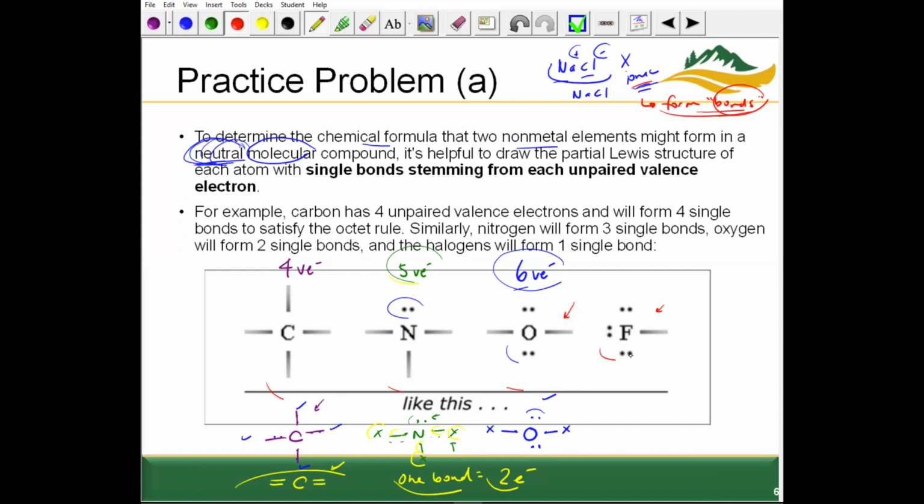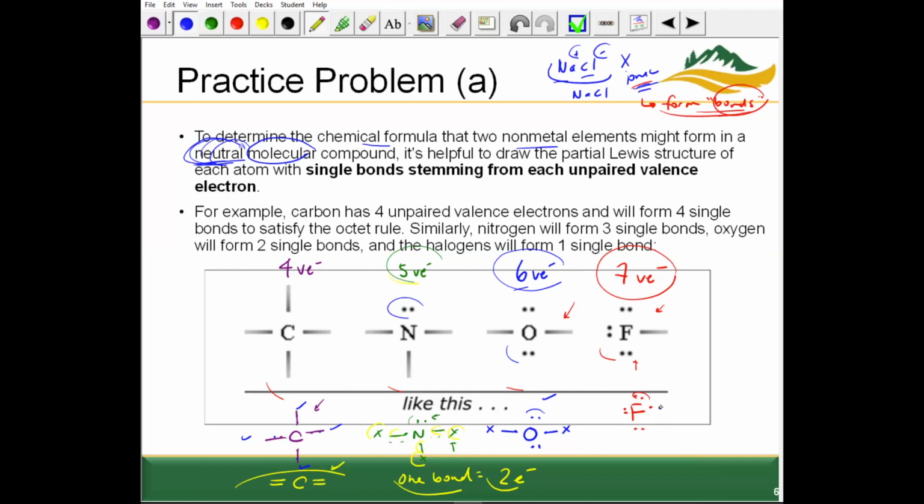Based on fluorine's placement, or any of the halogens' placement on the periodic table, it has 7 valence electrons. 1, 2, 3, 4, 5, 6, 7. Just putting them there to mirror this image here. Lone pairs of electrons don't participate in bonding typically. For fluorine to have 7 valence electrons already on its own, it only needs 1 more.